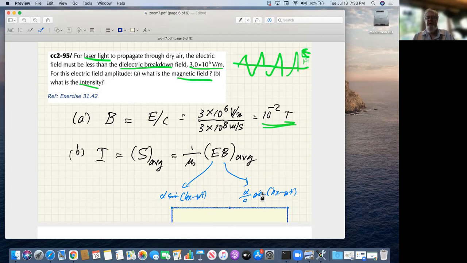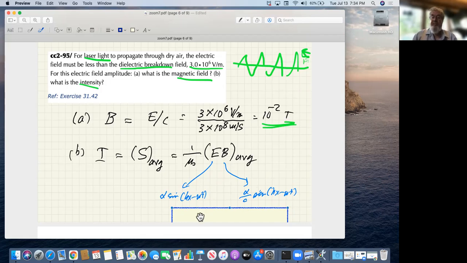B is alpha over c sine(kx minus omega t). You'll have sine squared(kx minus omega t). Viewed as an oscillation in time, that's oscillating between 0 and 1. So the average value is a half.